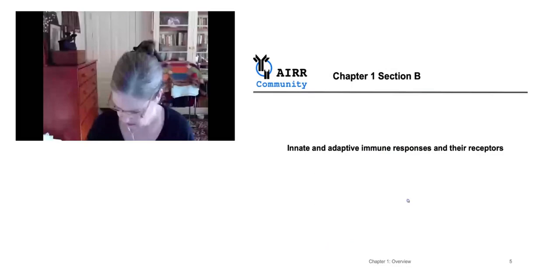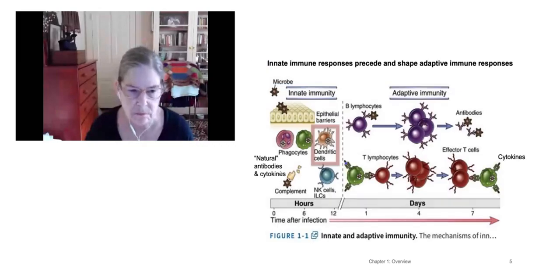So there's kind of two ways that the immune system works: through an innate set of responses and the adaptive immune response. And let me just point out that the receptors of the adaptive immune response are going to be the T cell receptors and antibodies, which, when they're attached to a cell, are called B cell receptors.